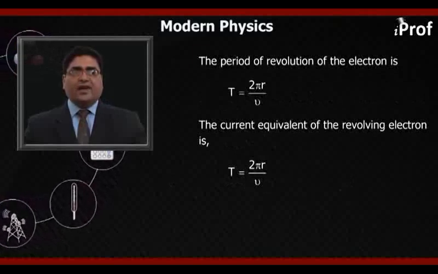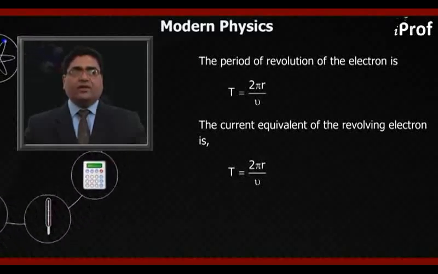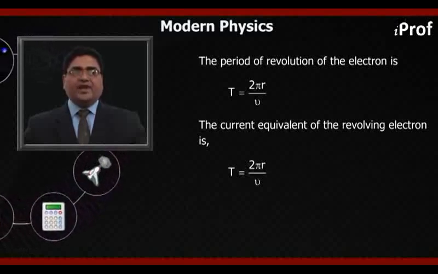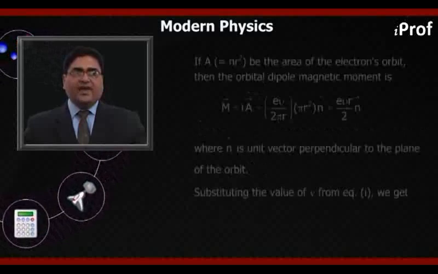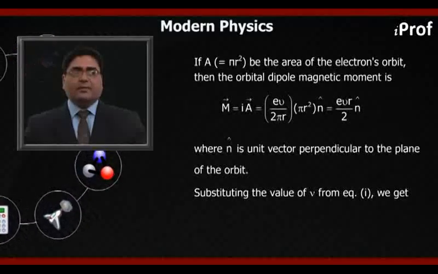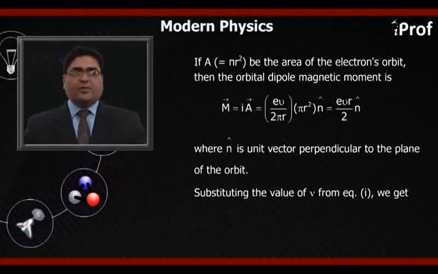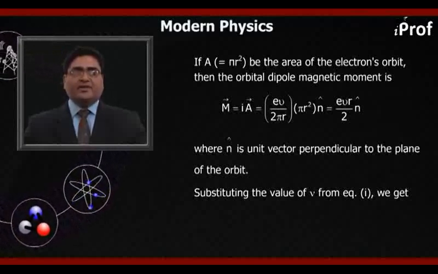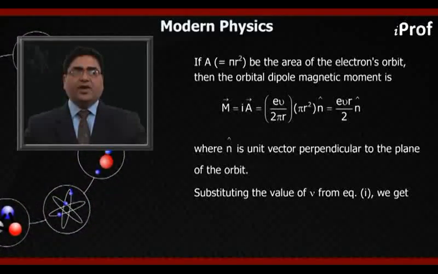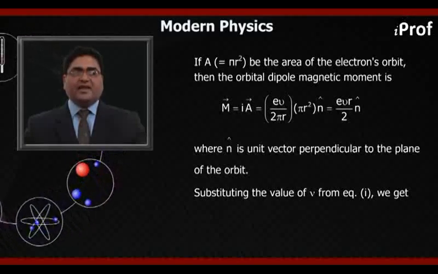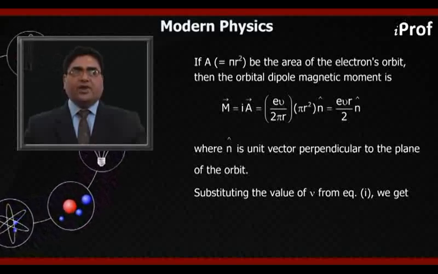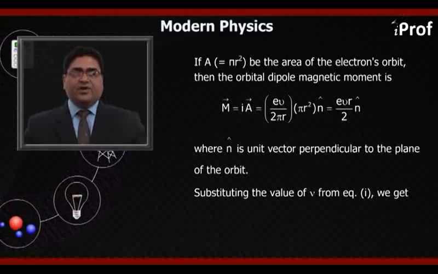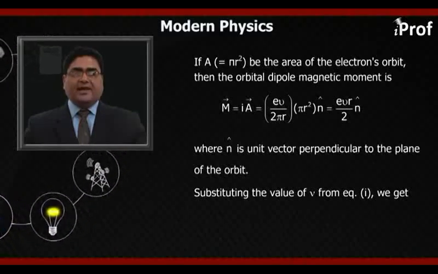The current equivalent of the revolving electron is I = e/T = ev/2πr. If A = πr² be the area of the electron's orbit, then the orbital magnetic dipole moment is M = IA = (ev/2πr) × πr² n̂ = evr/2 n̂, where n̂ is a unit vector perpendicular to the plane of the orbit.